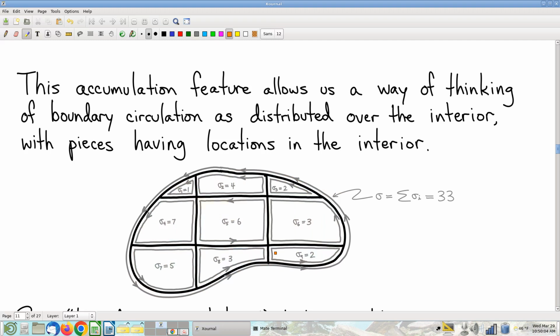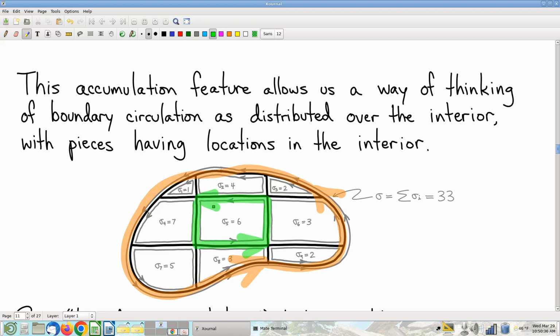I think it's important again to try to develop intuition and develop points of view that will allow intuition to have all of its opportunities to flourish. So if I were to think of boundary circulation as happening literally on the boundaries, I could ask a question like this: how much of this boundary circulation is happening here?